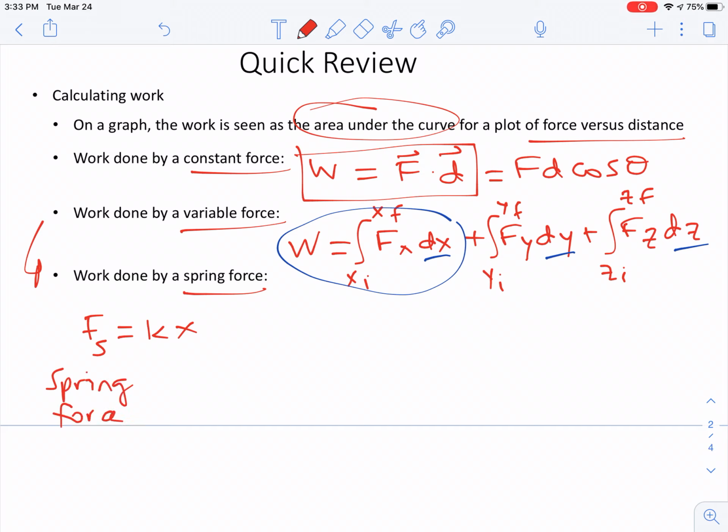This is the spring force. K is the spring constant, and x is the stretch or compression.